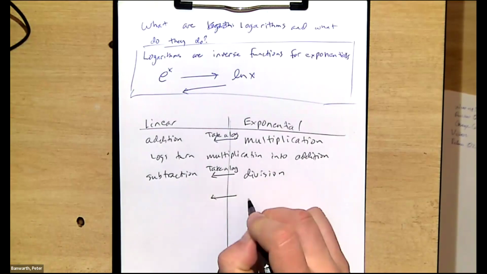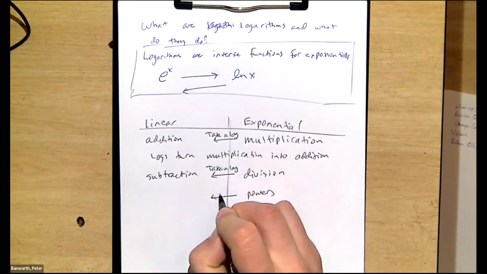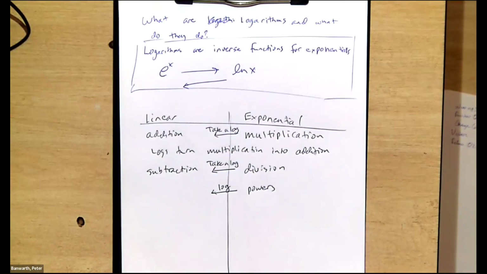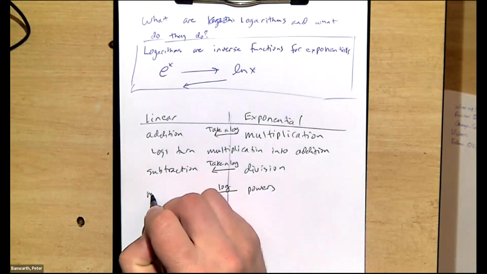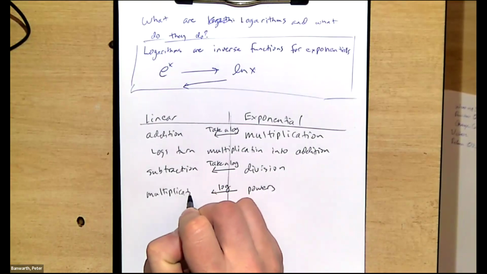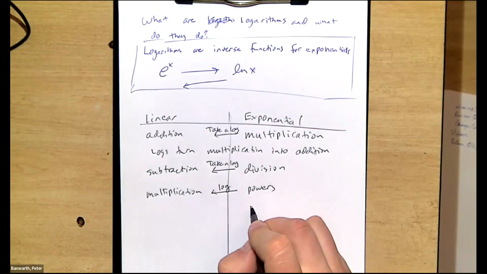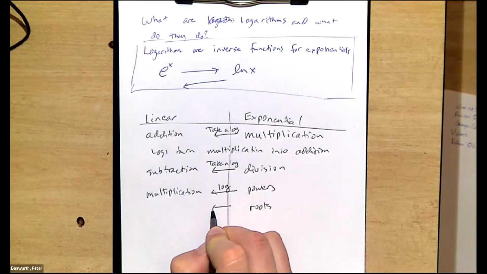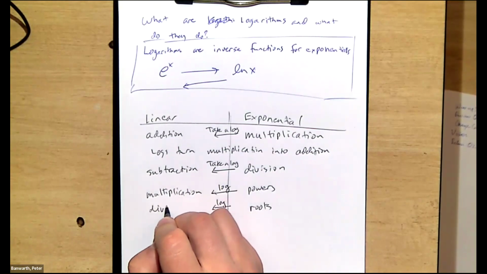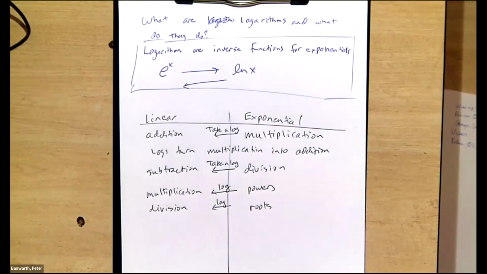They turn powers into, check your notes if you want, take a minute. They turn powers into multiplication. And they turn roots into division, exactly. They simplify the arithmetic operation.